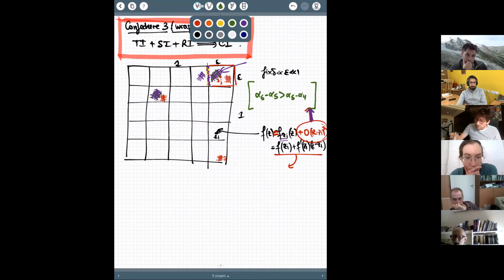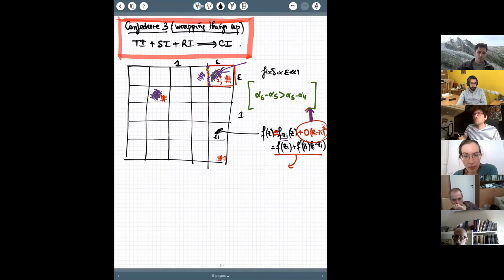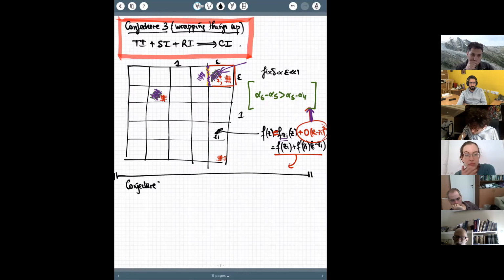So we have other assumptions, by the way, that we can replace this assumption by, which are maybe even weaker, but I don't want to be spending too much time. So the bottom line at this stage is the following. Conjecture 3, I would really be surprised if this cannot be done. And I think this conjecture is going to be done by somebody in the next few years.